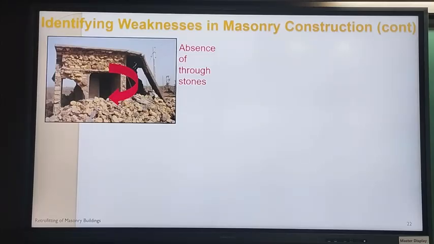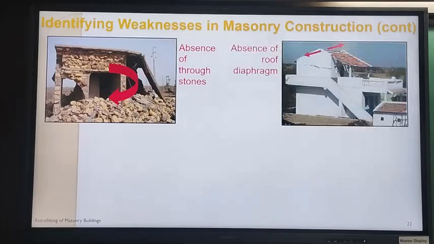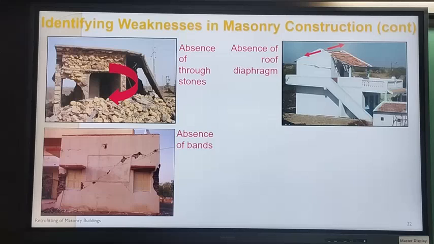So this happens, the inner face remains, the outer face has fallen down. That means absence of through stones. You've seen this picture also earlier, and it clearly shows that the roof diaphragm doesn't exist. The roof doesn't have diagonal bracing, nor does it have connection with the gable wall. So then some damage like this would take place.